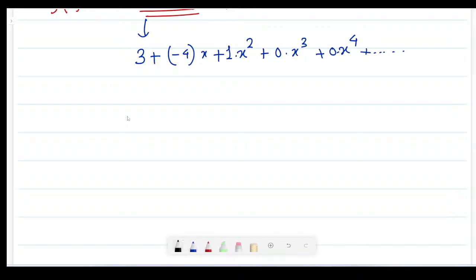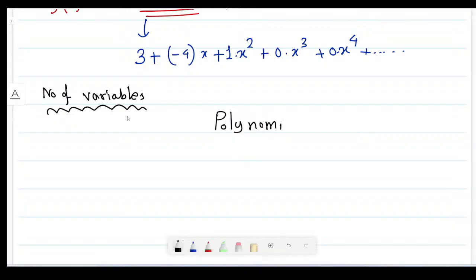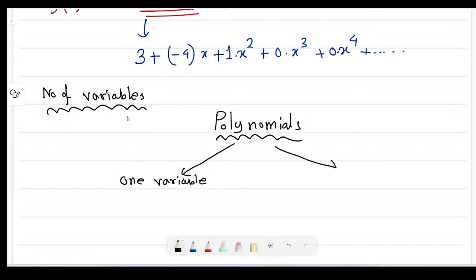Next, number of variables. Okay, so in a polynomial we can see two types of this kind. One is one variable, another is several variables.